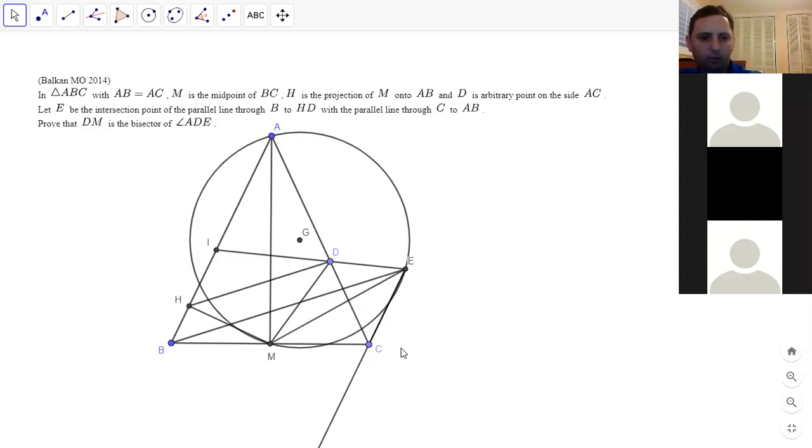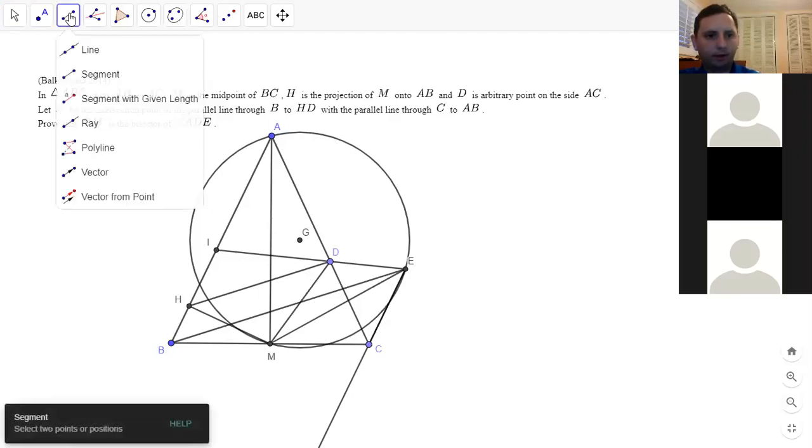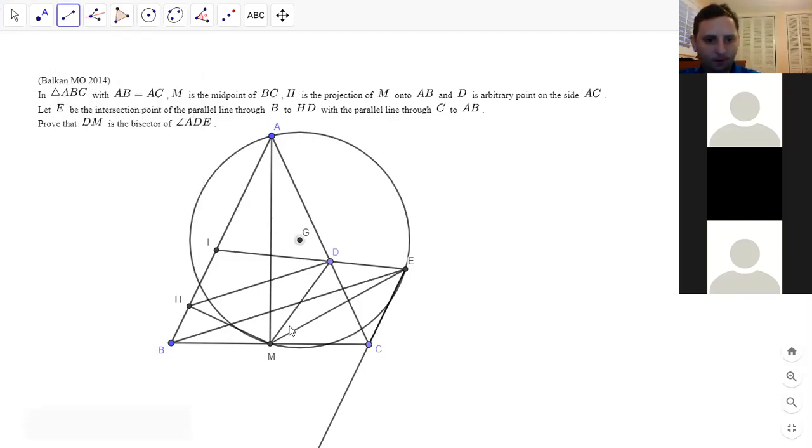Okay, so is MG perpendicular to EI? No. I wonder if MID is similar to something.